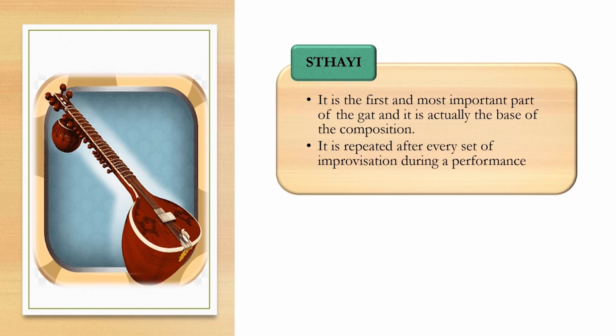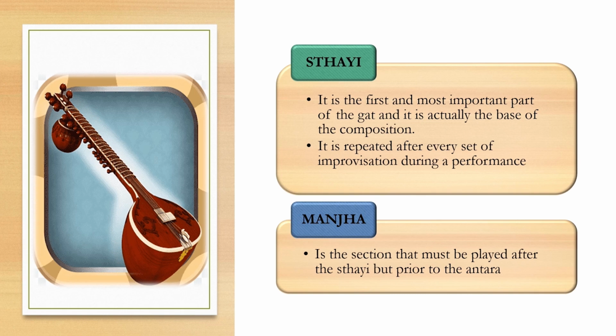In fact, it is the base of the composition and it is repeated after every set of improvisation during a performance. Manja, on the other hand, is the section that must be played after the sthai but prior to the antara.